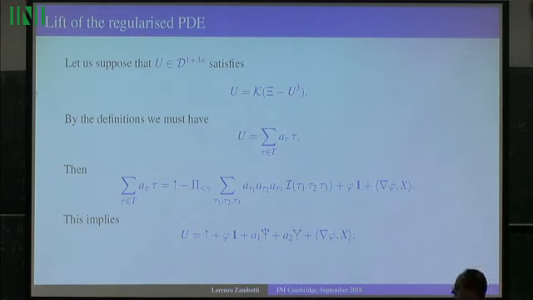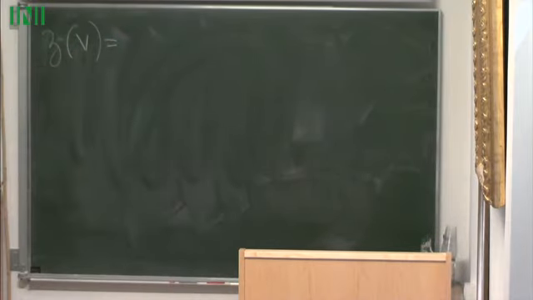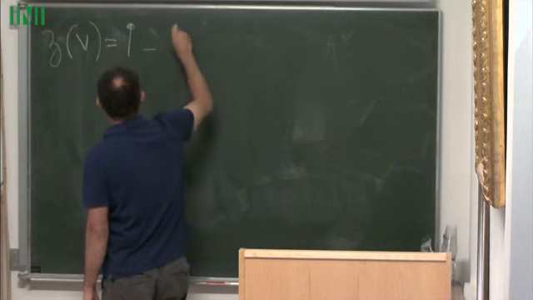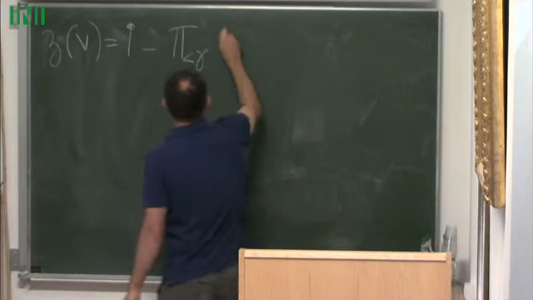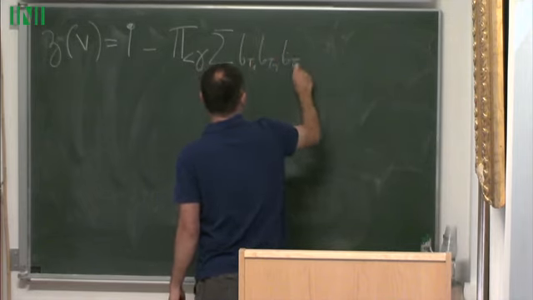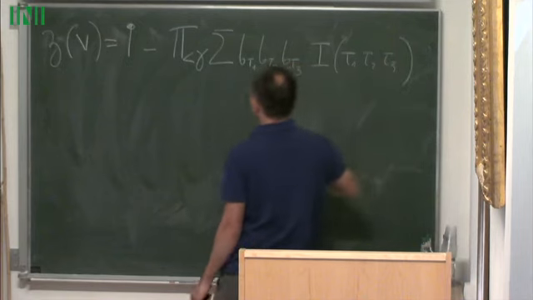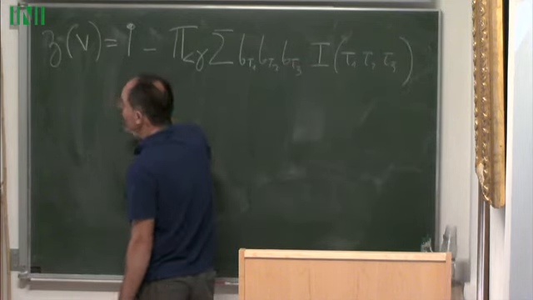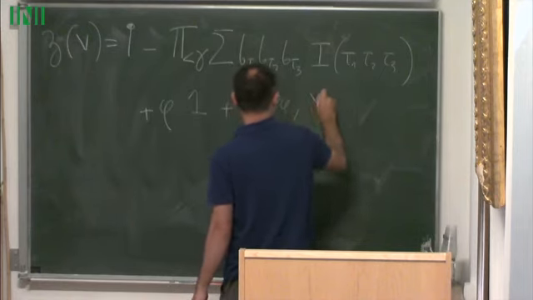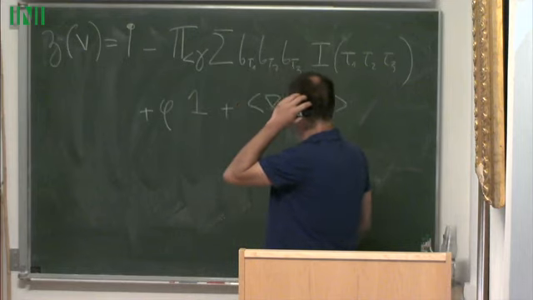So Z of V will necessarily have K of psi, which is this tree, minus the projection of this sum b tau 1, b tau 2, b tau 3 of tau 1, tau 2, tau 3, plus you have this, let me call it phi 1, plus grad phi of X. You agree?